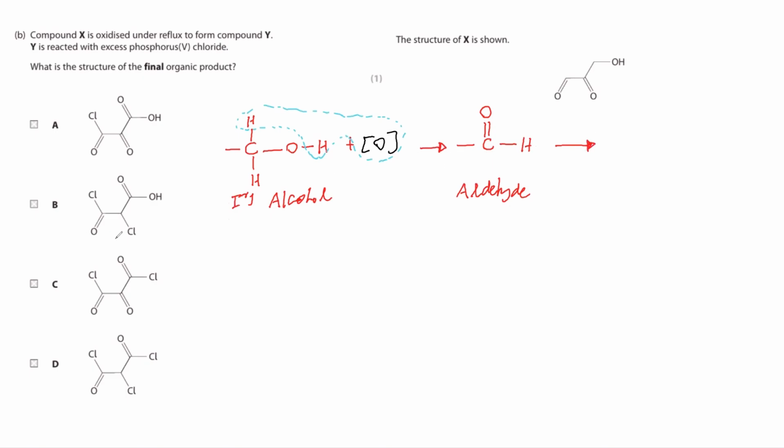Another oxygen atom jumps here, because aldehydes don't end there. This oxygen atom jumps in between this carbon and hydrogen, and what you get here is a carboxylic acid. So we get a carboxylic acid.